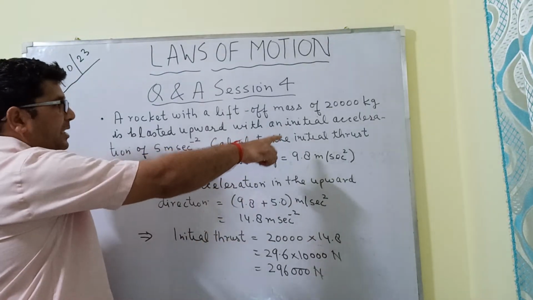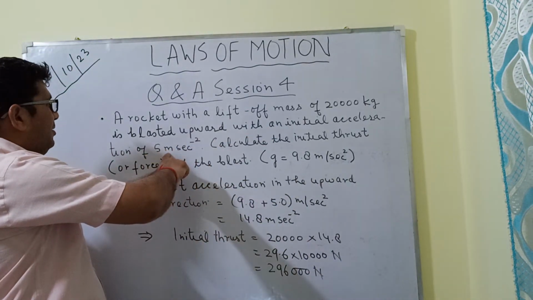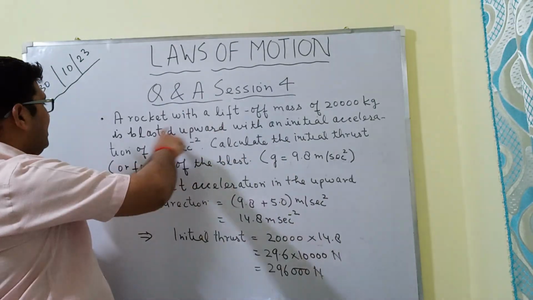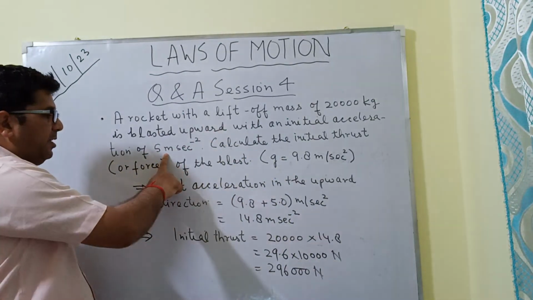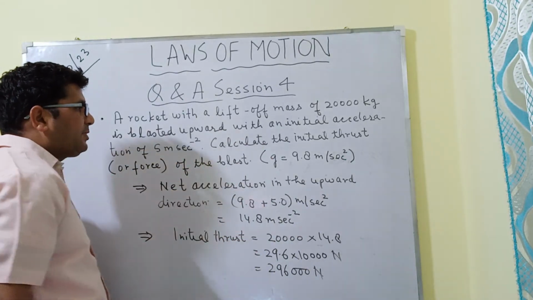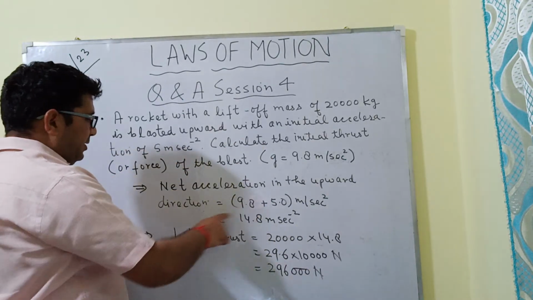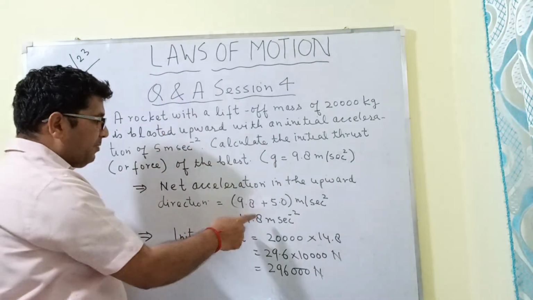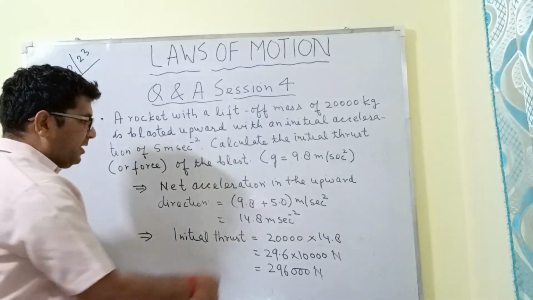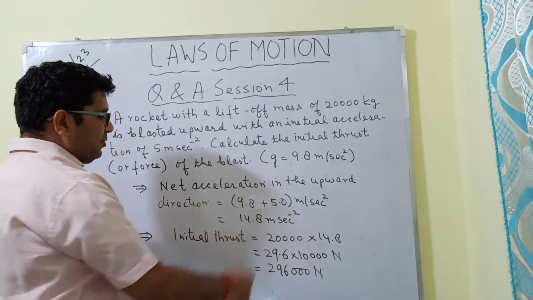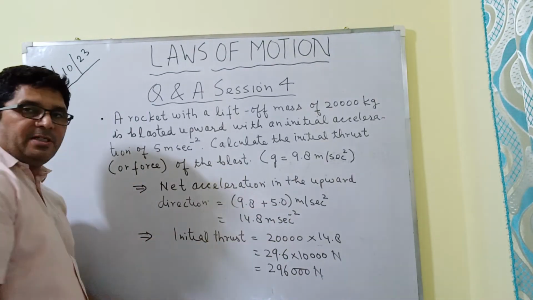The initial acceleration in the upward direction is 5 meter per second square, and since it has to overcome the force of gravity, the net acceleration will be 9.8 plus 5, which is equal to 14.8 meter per second square.